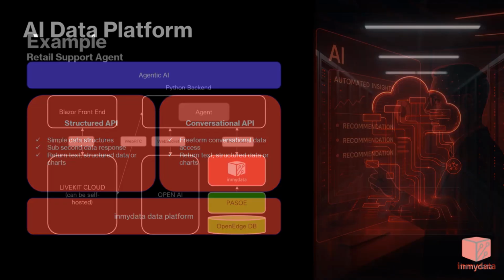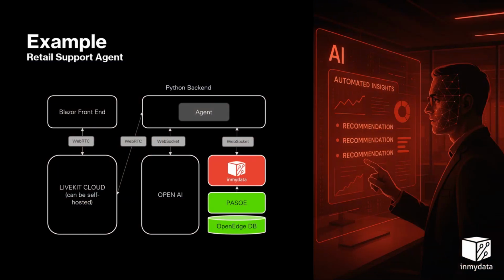Basically, I've built pretty much the same agent that we saw last time when we were looking at the car dealership, but this is for retail managers in a retail organization to be able to just ask any question they like about the data that's in their business application. Again, everything's pretty much the same apart from the access to the data that's coming out of our Progress database. I'm now pushing that up to inmydata and then exposing that to the agent.